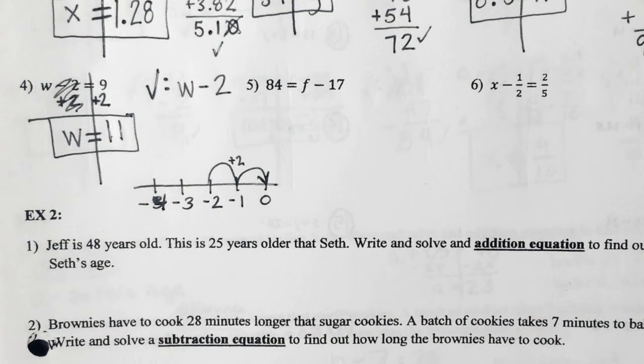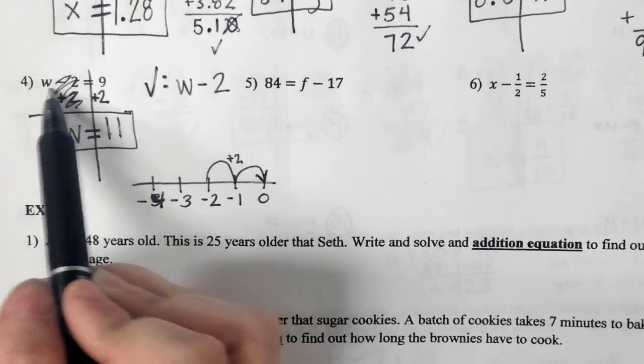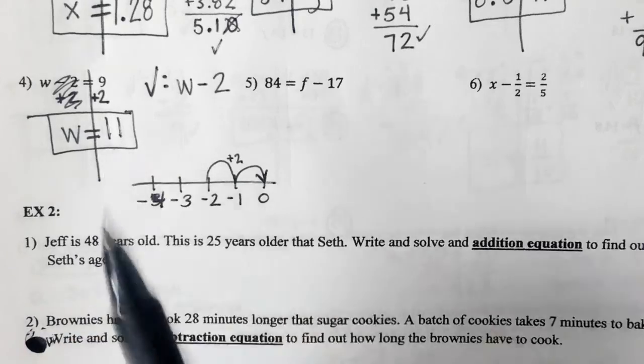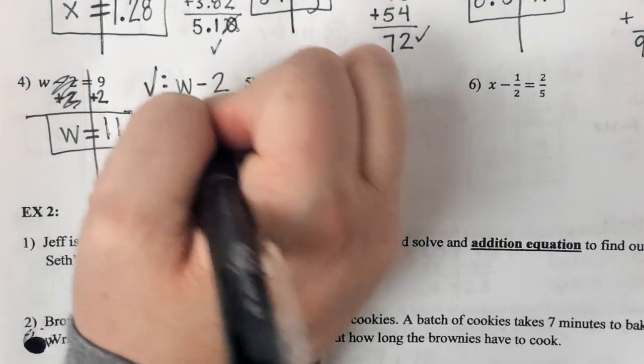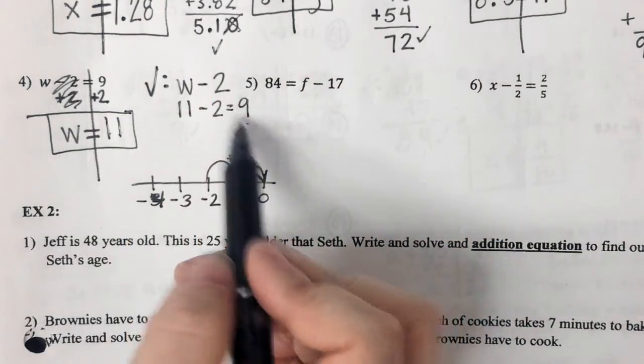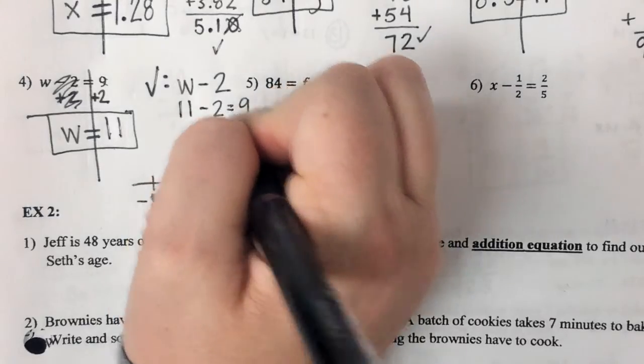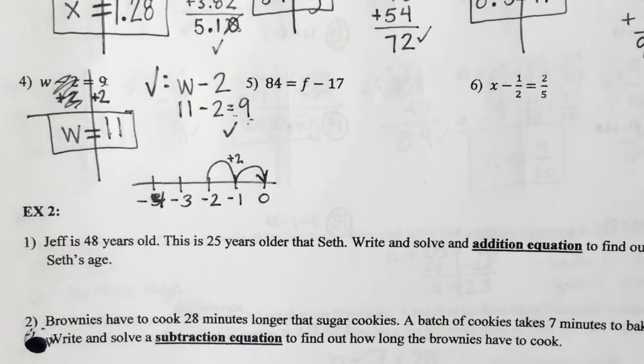That's fine. When you mark stuff out, because we are looking back at it, you might want to mark it out kind of lightly or just do one line through it. So I have W minus 2 from the problem. Now, what did I find out W was? 11. So that really means 11 minus 2. And what is 11 minus 2 equal to? 9. Now, isn't that exactly what my problem said there? So did I get the right answer? Yep. Check. We got it right.